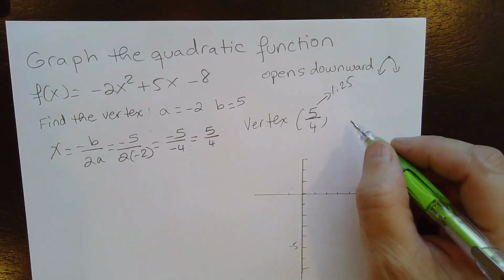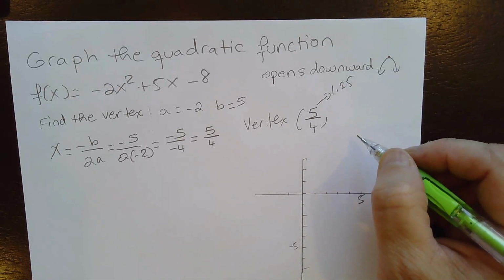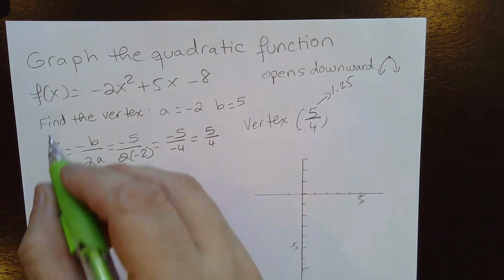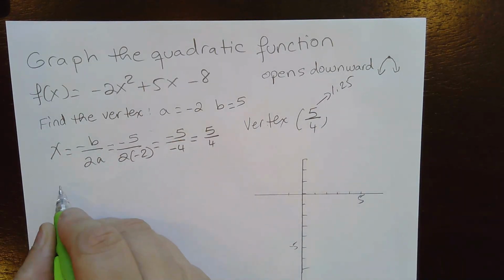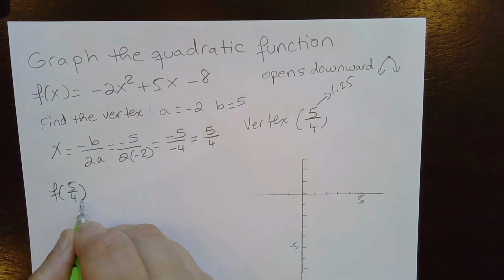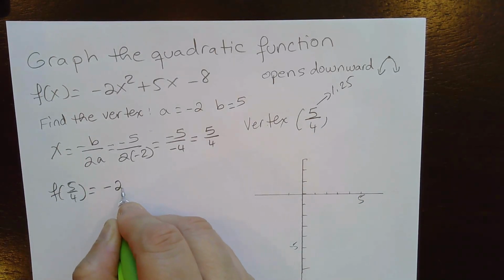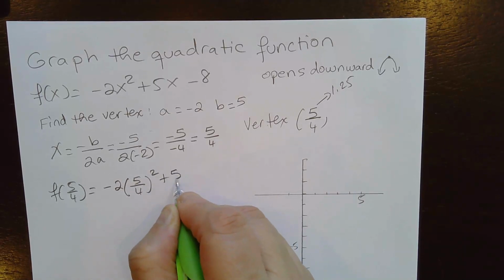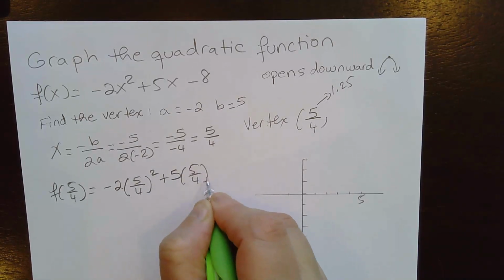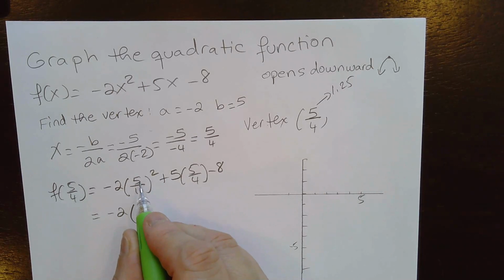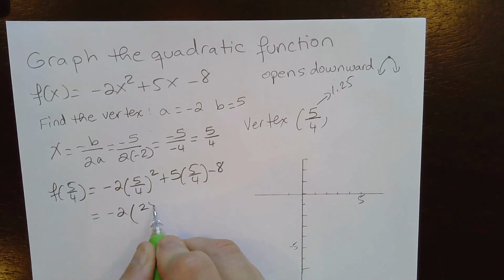Now we need to find the y-coordinate of the vertex. We can find it by plugging 5 over 4 in for x in the function. So we need to find f of 5 over 4. Replace x with 5 over 4: negative 2 times 5 over 4 squared plus 5 times 5 over 4 minus 8. You can leave this in fractions. 5 over 4 squared is 25 over 16.